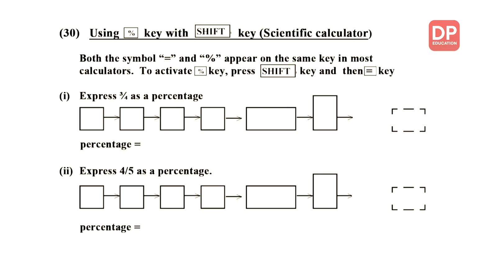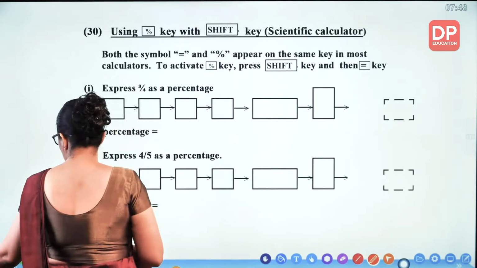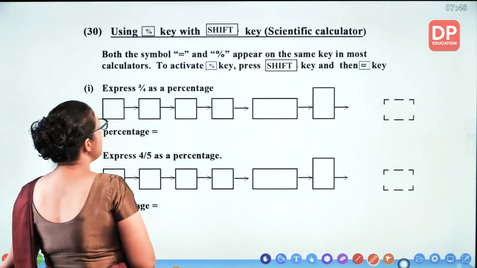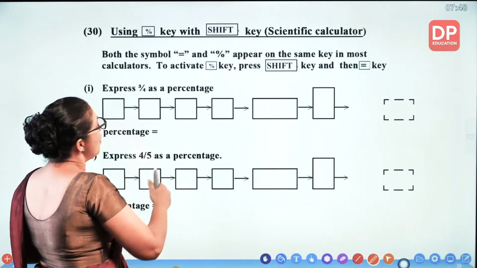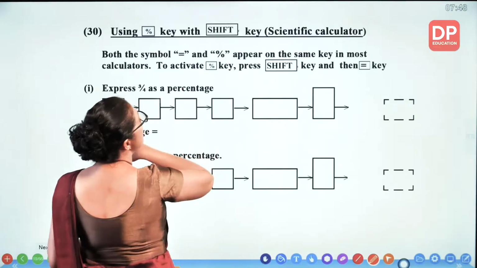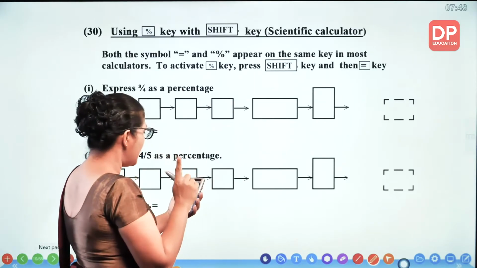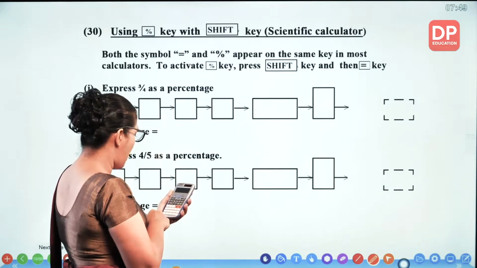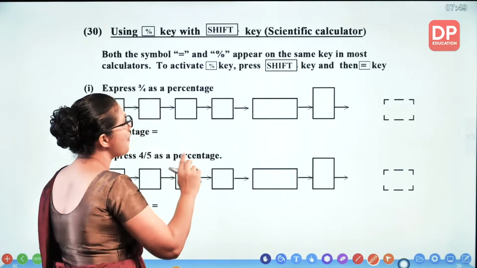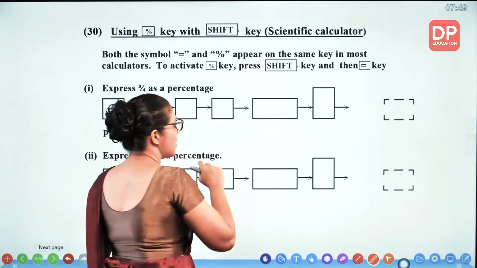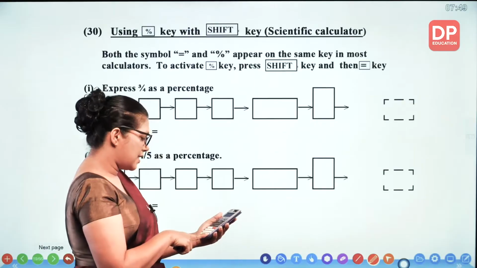Now we'll look at how to use the scientific calculator. In the scientific calculator, you don't need to press the percentage sign directly. Here we have to use the shift key and the percentage sign.